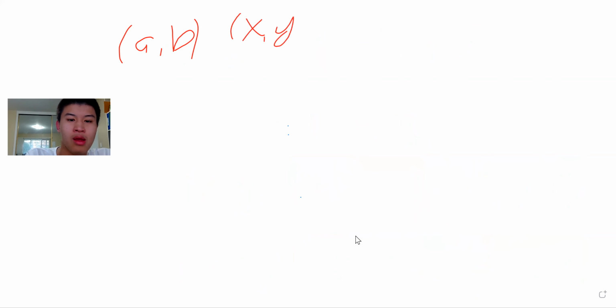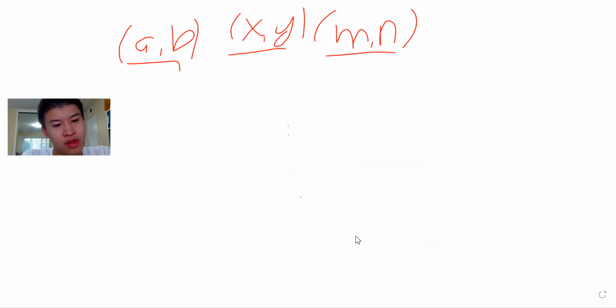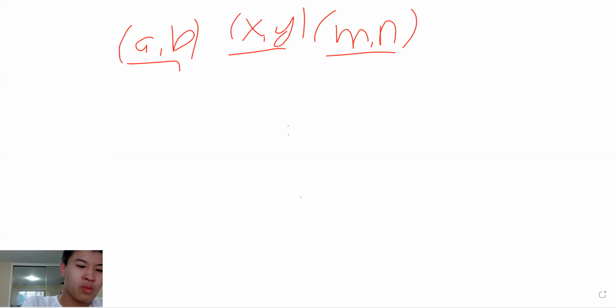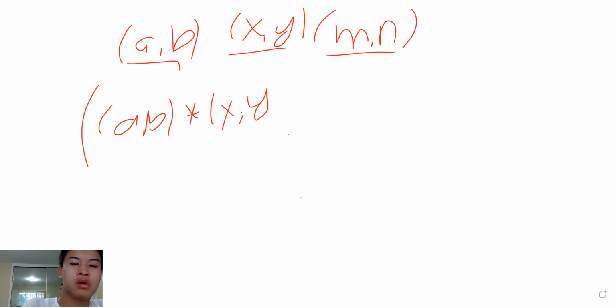So we have A B, X Y, and M N. These are 3 elements of the direct product. And so let's see if we can make it satisfy the associative property. A B times X Y, and then we multiply by M N.